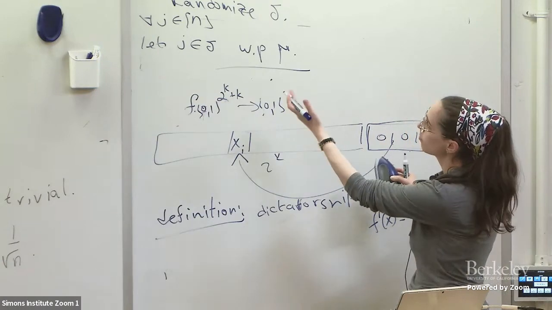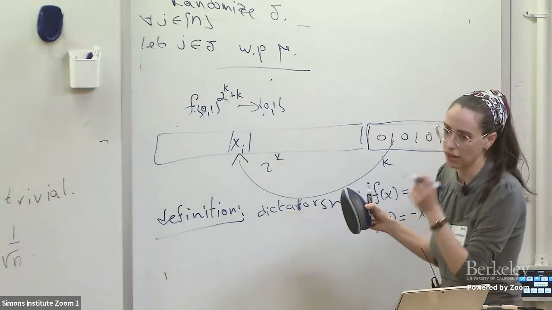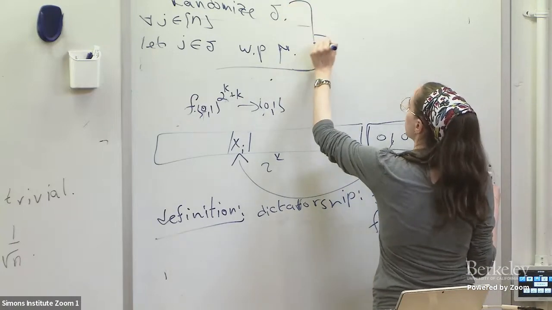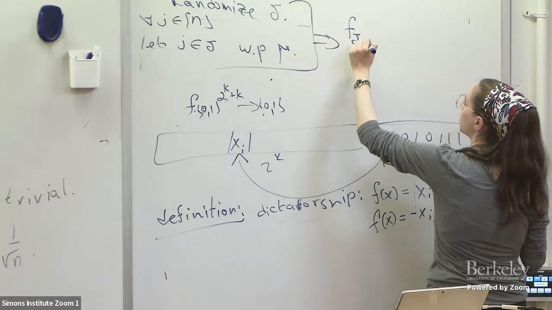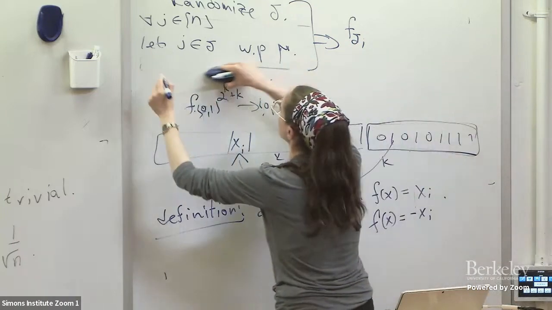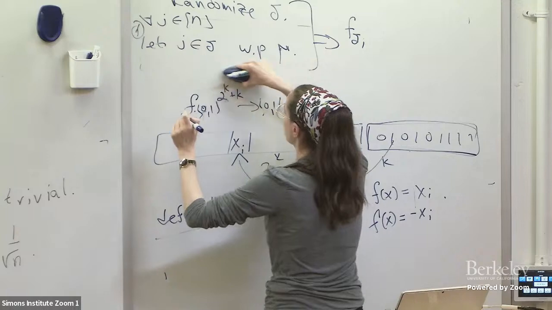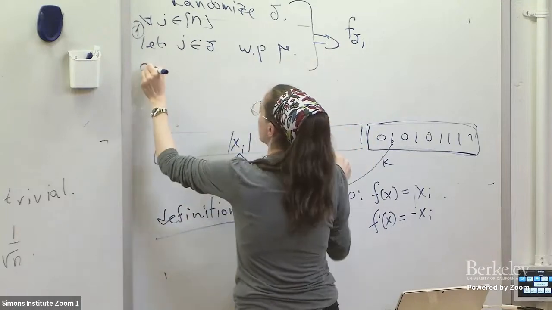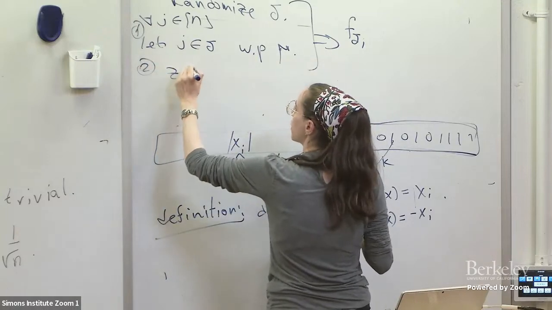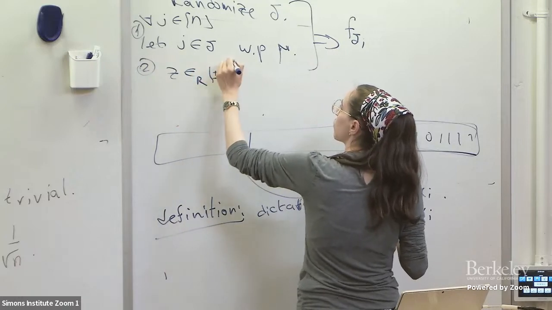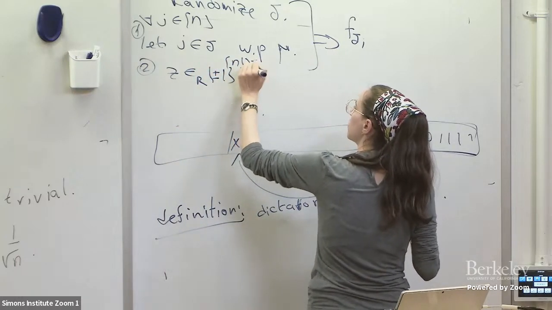Okay, so what happens when we choose J randomly? From this process, we get f_J. We do two steps. Step one is to choose J. Then step two, we take random Z from the rest of the variables.